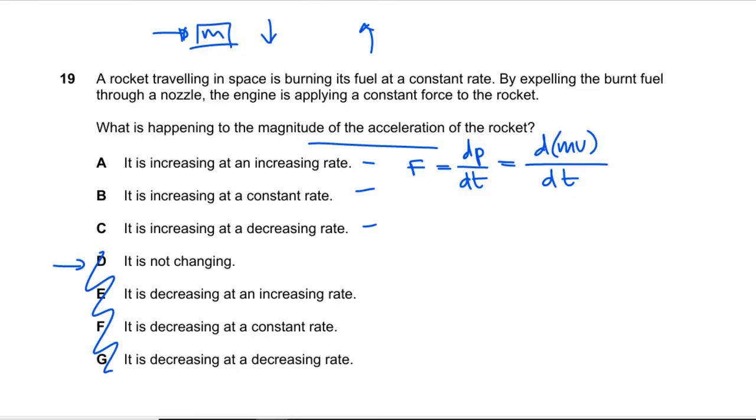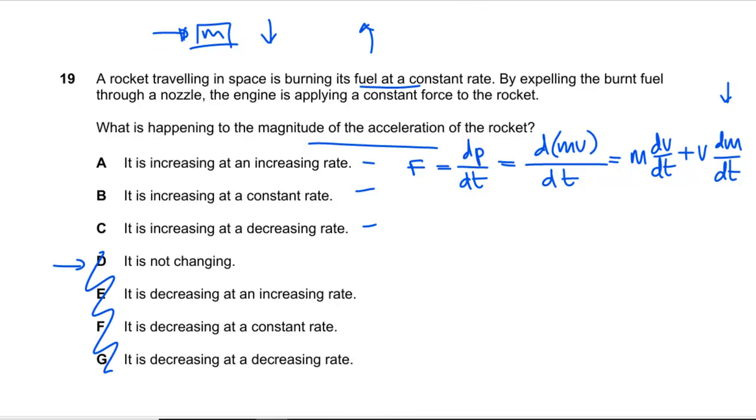We'll have to product rule that. So we're going to have an m dv/dt, and a v dm/dt. Now we know, because it said that it's burning the fuel at a constant rate, that dm/dt is a constant. So that's going to be useful.